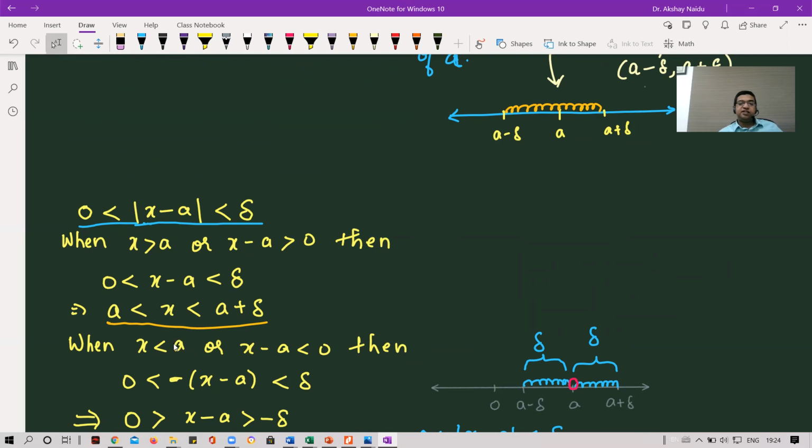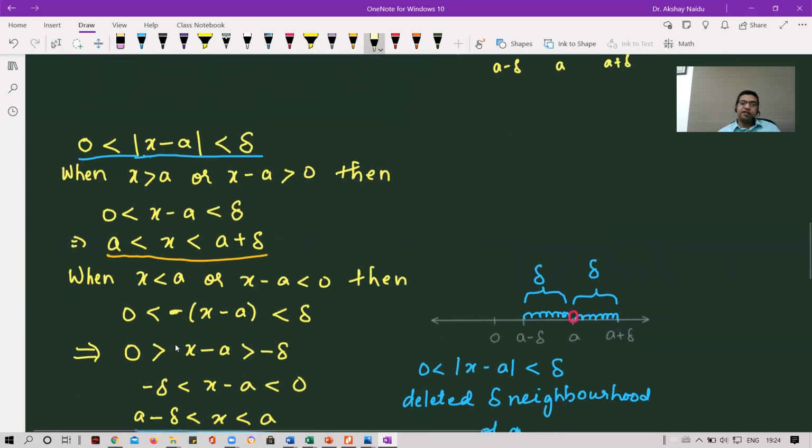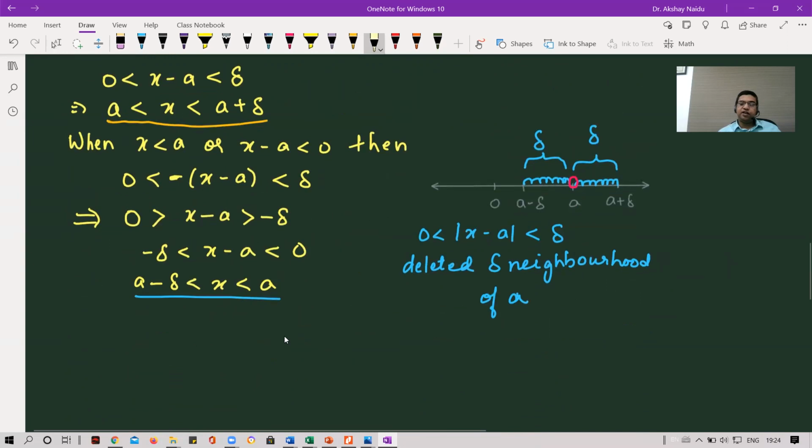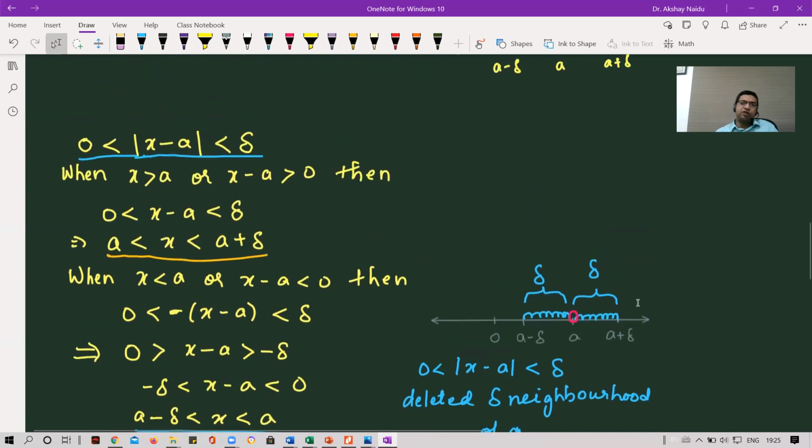And when x is less than A, modulus of x minus A becomes minus of x minus A. You multiply with a negative sign, rearrange the inequality and add A, you will get x lies between A minus delta and A. So the difference between the previous case and this case is x cannot take the value A. If x takes the value A, it will become equal to 0.